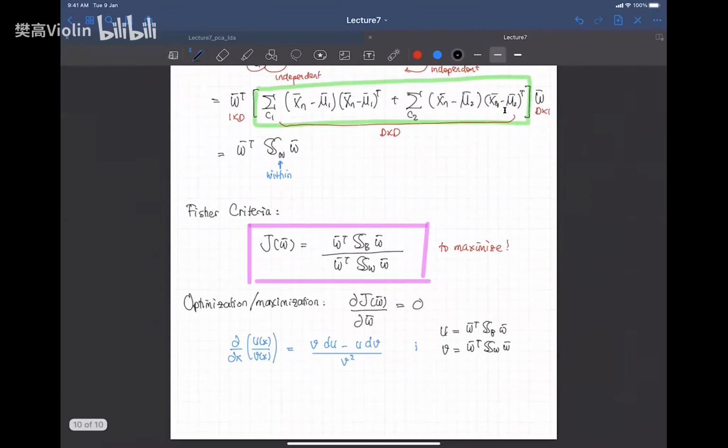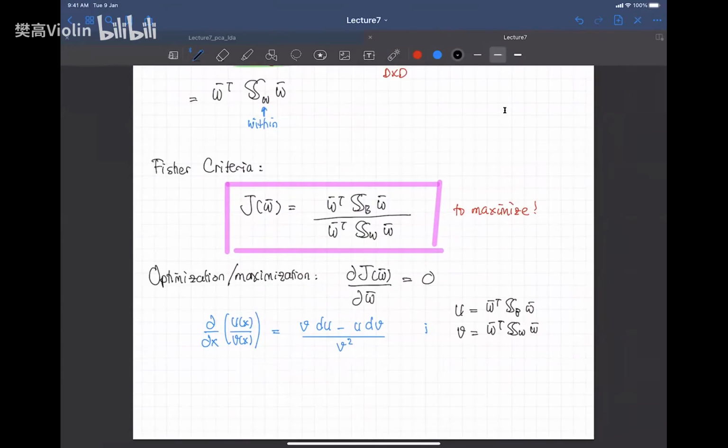By the end of the day, we will have an equation SW W bar equals C1 divided by C2, which is a constant. Since both of them are constants, you can put it in as C, times SP W bar.